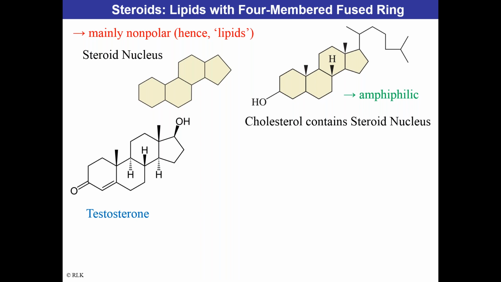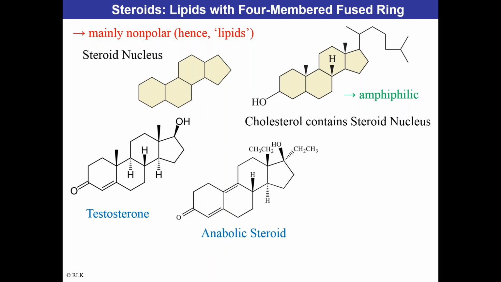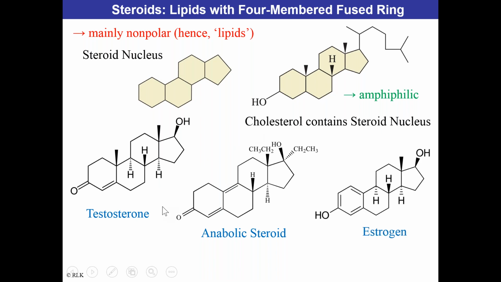It is polar to the degree where it can have dipole-dipole interactions, but they're not nearly as strong as the hydrogen bonding. But it still has some polar activity. You have anabolic steroids, which are basically synthetics or analogs of testosterone. You can see that there are some similarities, and again, the steroid nucleus is pretty consistent, whether we're talking about cholesterol, testosterone, anabolic steroids, or even finally estrogen.